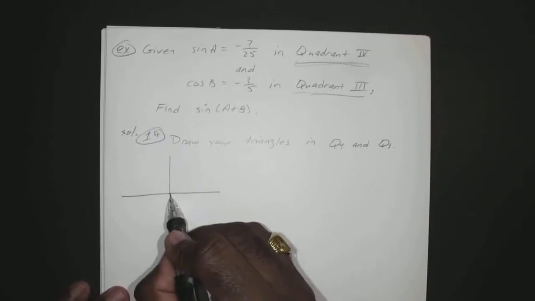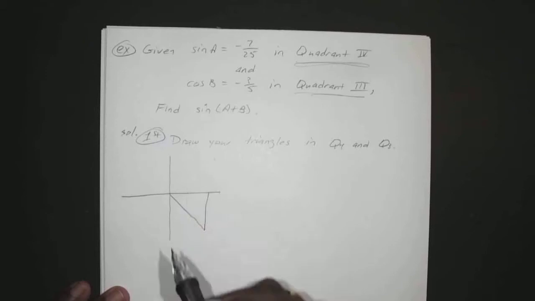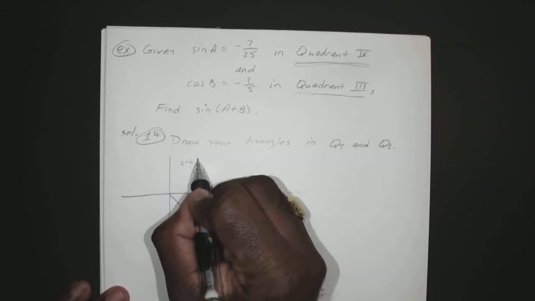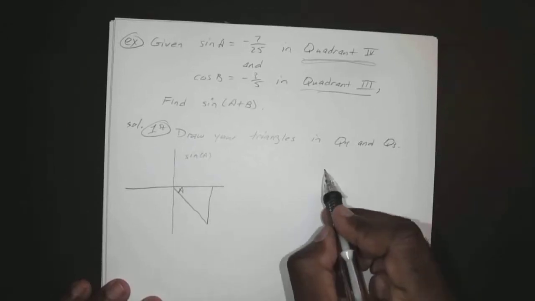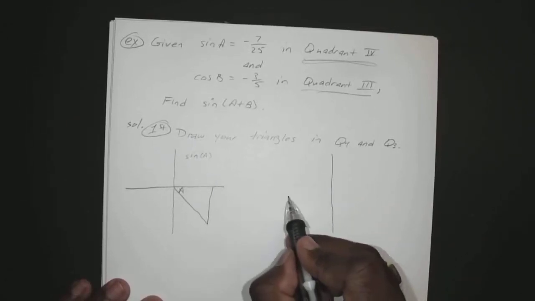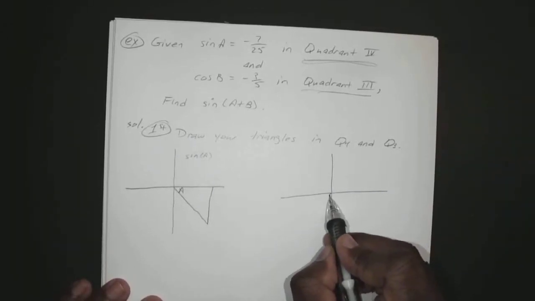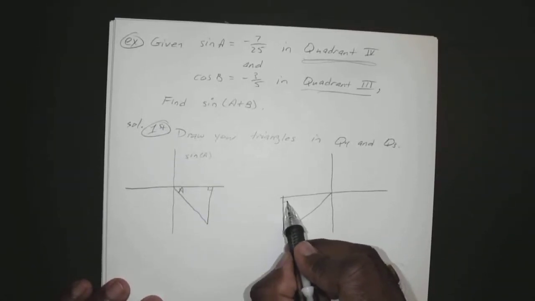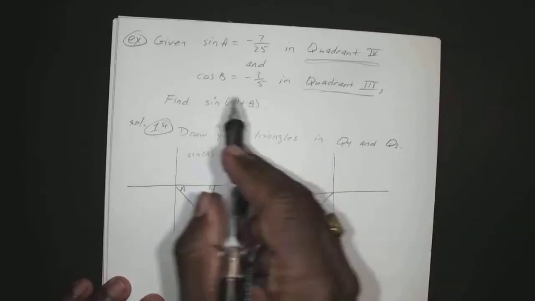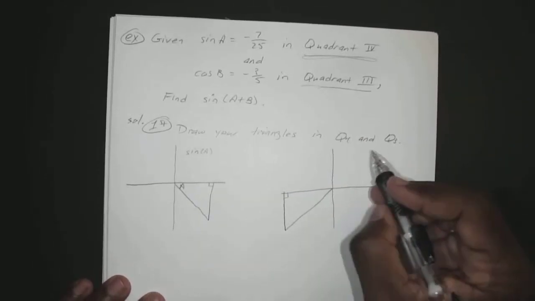Okay, so remember in quadrant 4, that's your sine of A. So we'll put our A here. And in quadrant 3, put our little right angle sign there. This is our cosine of B.